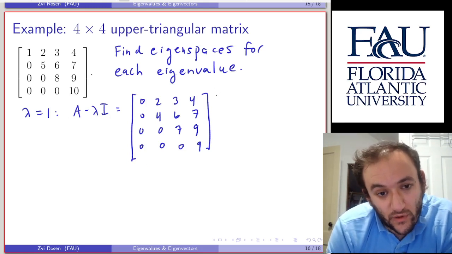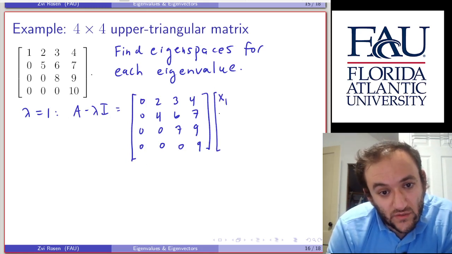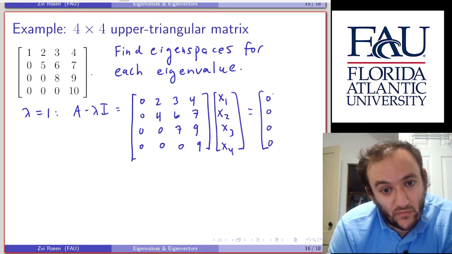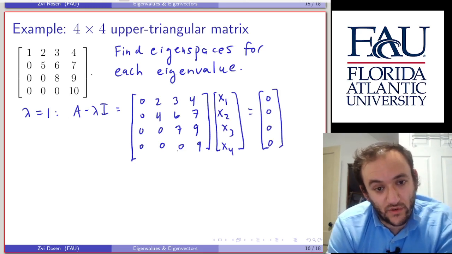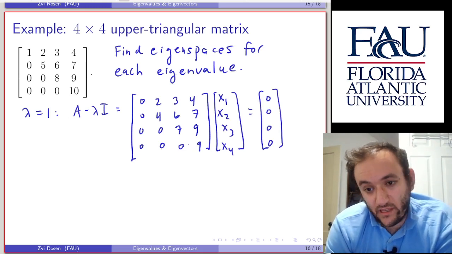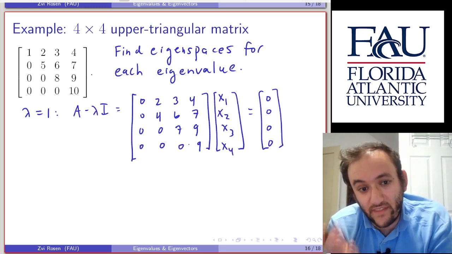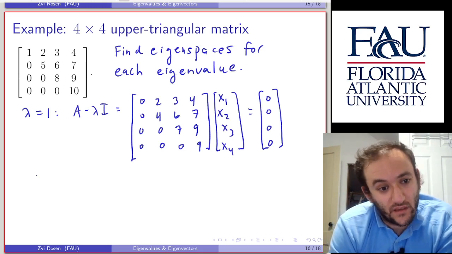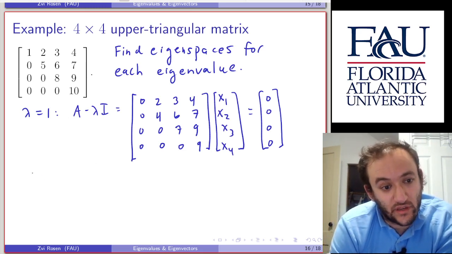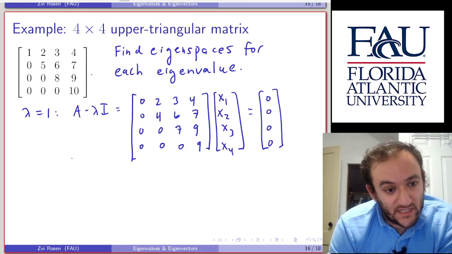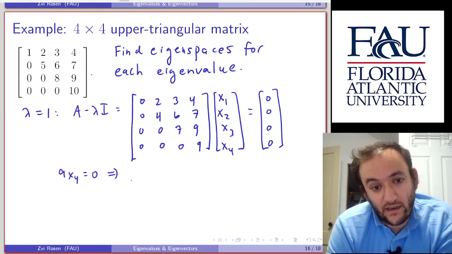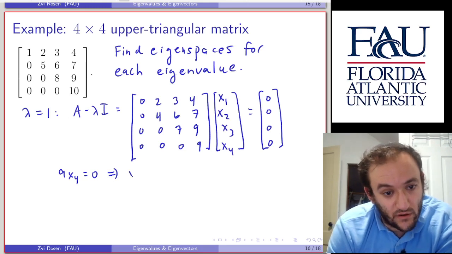Okay, and we know that we're looking for x1, x2, x3, and x4 that send this to 0. So we can start by solving for x4 and then solve our way back. Because we have 9x4 equals 0, this means that x4 equals 0.